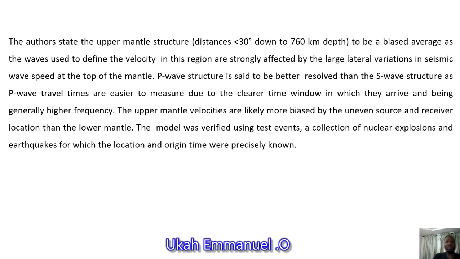The bias in the average of the waves used to define the velocity in this region is strongly affected by the large lateral variation in seismic wave speed at the top of the mantle, and that is also why the upper mantle is a bit biased by the uneven source and receiver location.